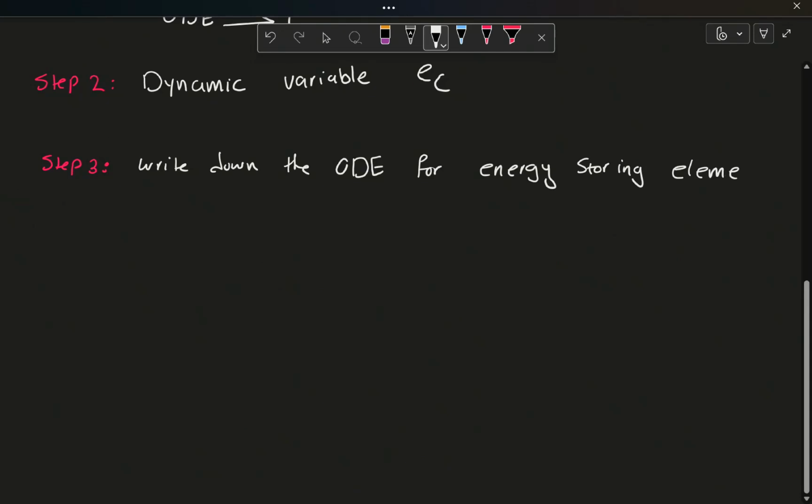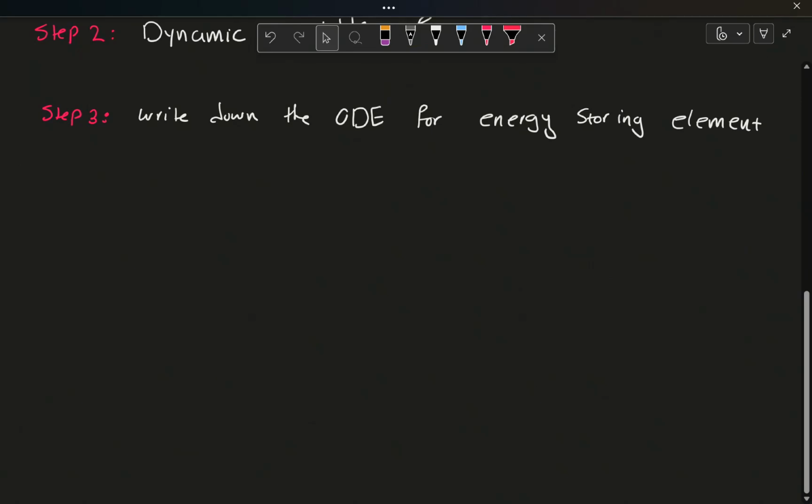Since I have one energy storing element, and that's the capacitor, I'm going to write down the equation for that capacitor. So C E dot C equals I_C.